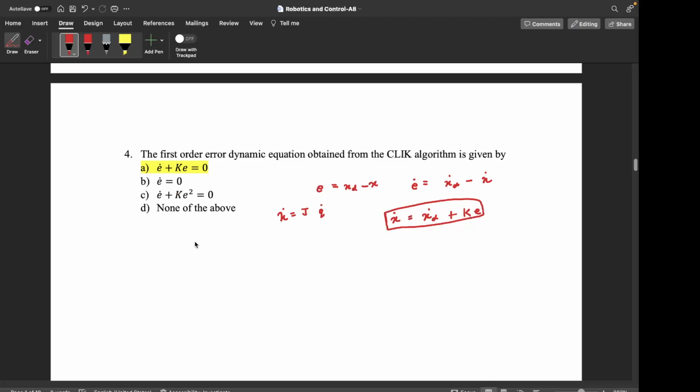So in this equation, putting this here will give xd dot plus ke is equal to J q dot, right?